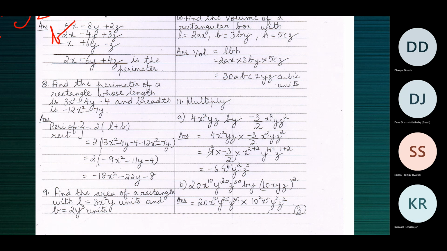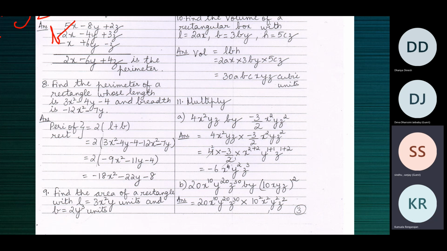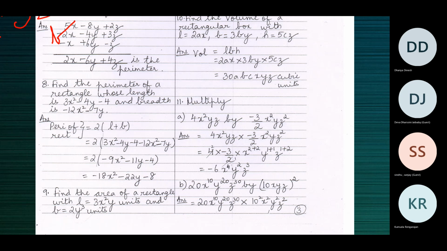Ma'am, the answer is 3x square 2y cube, ma'am. Now we need to multiply them. Okay, let's see the answer.